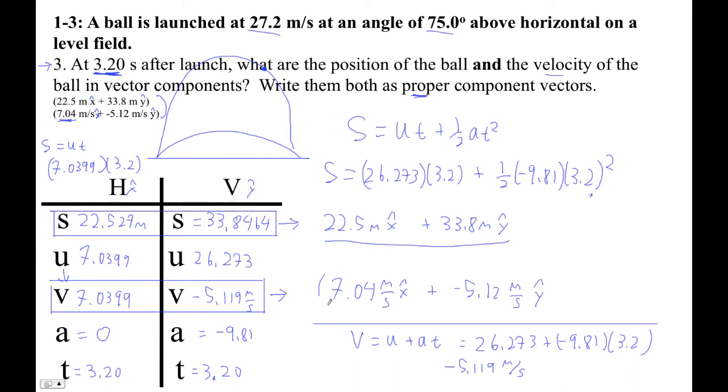So there's our answer to this one, and this is one of the forms I want you to write the answer in. I think one of the other things I ask for is to give me this as components, or give it as an angle and magnitude. Of course, you've got to have the components to do that, don't you? All right, so that is part 1.